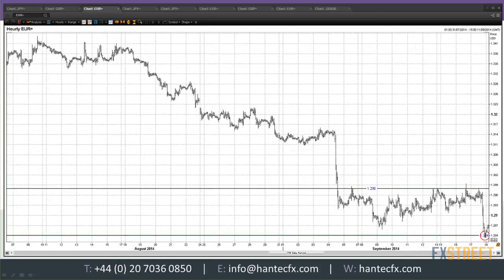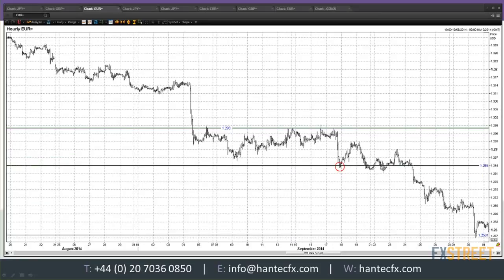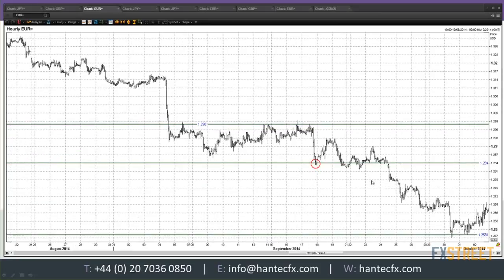More recently, September. Basis of resistance there, time and time again throughout a couple of weeks. We see a support, and that support is fairly reasonable, but then we see another breakdown.